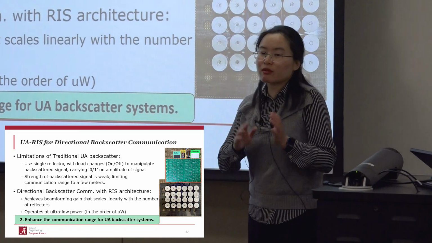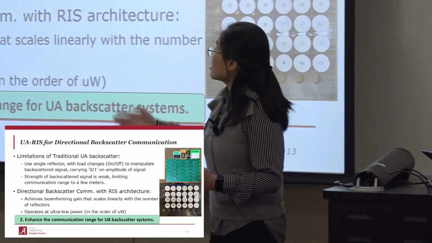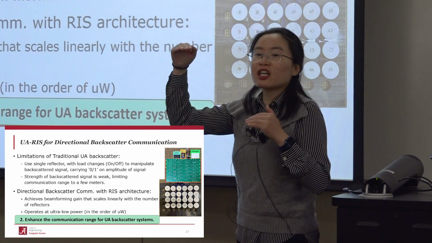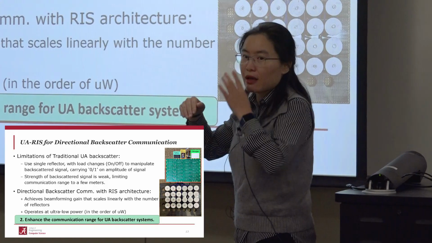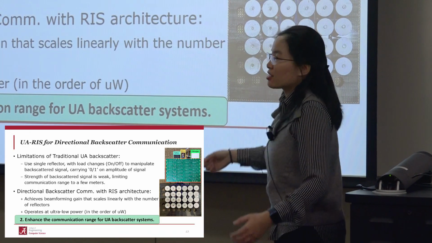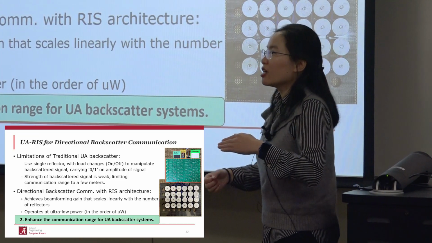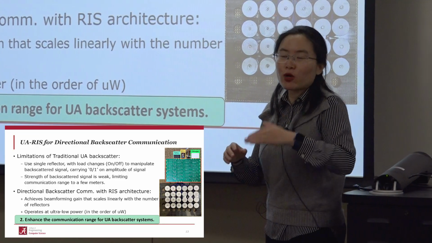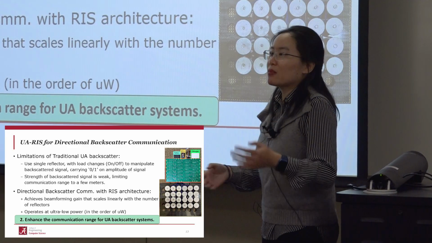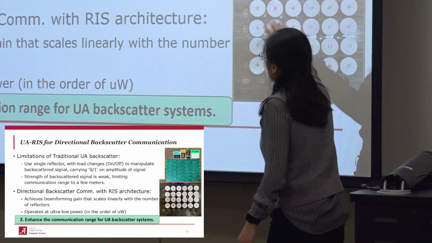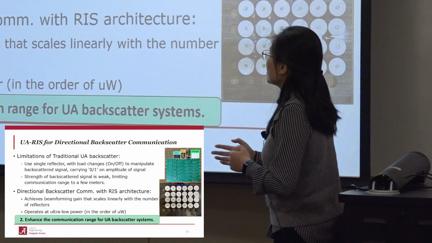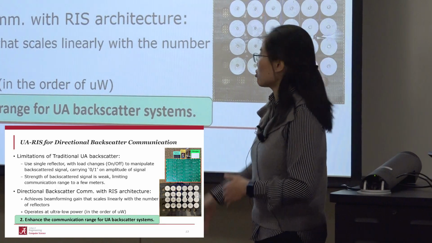What is promising is that this beamforming gain scales linearly with the number of reflectors. Basically, if, for example, one reflector is too weak, you can use 4. And if 4 is not significant enough, you can use 20. Basically, you can use a larger array to achieve a higher gain and increase your communication range.